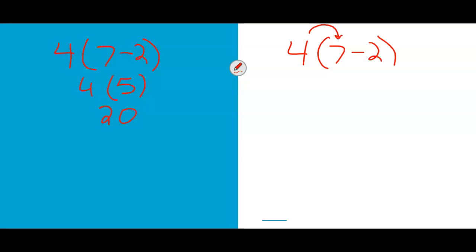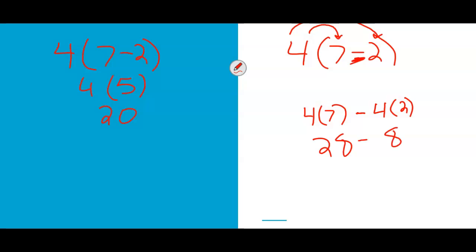Good. Distribute the 4 to the 7. That's 4 times 7. Distribute the 4 to the 2. 4 times 2. What operation is going to go in between these two multiplication problems? Samantha? Subtraction, because we have subtraction up here. Good job. 4 times 7 is 28, minus 4 times 2, which is 8. 28 minus 8 is 20.